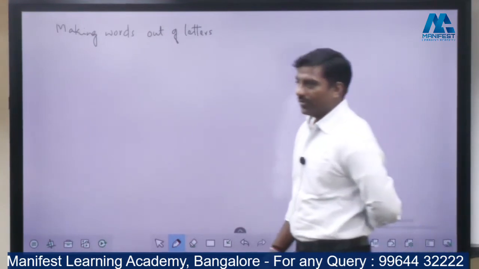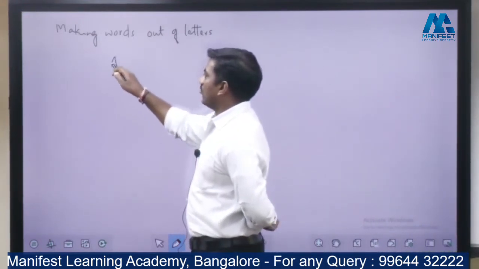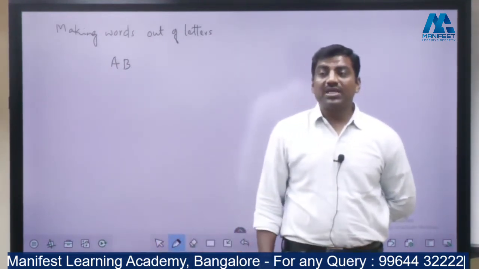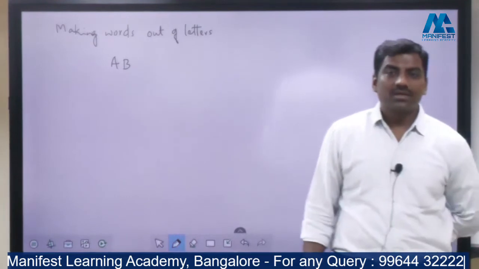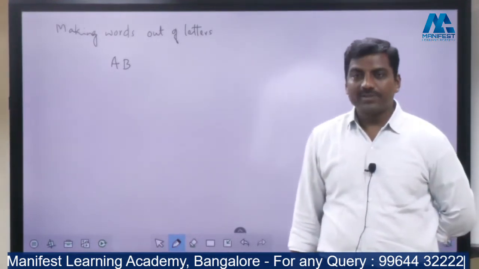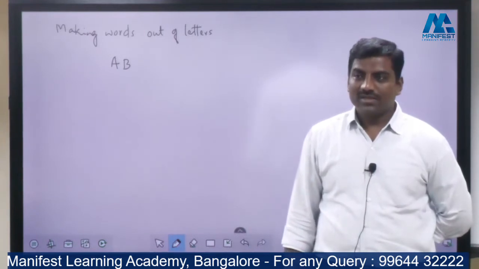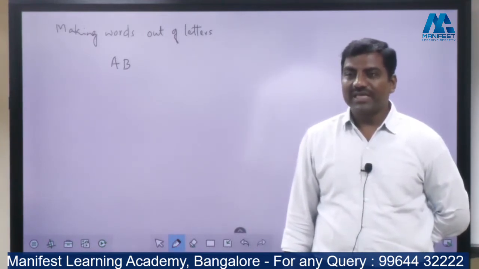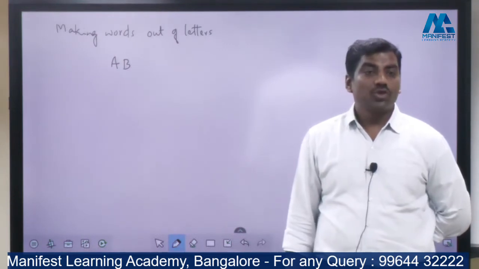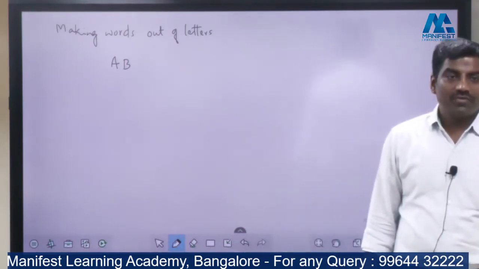Simple way. When AB is given, don't think of the meaning of the word, okay? Don't become like the experts in English. Don't ask me. That is why, while you are forming the words, they say with or without meaning. With or without meaning.